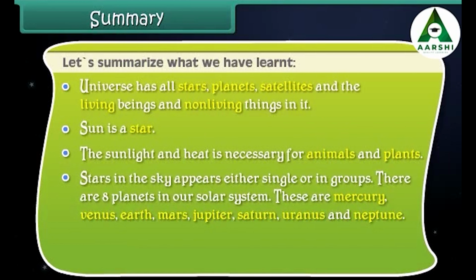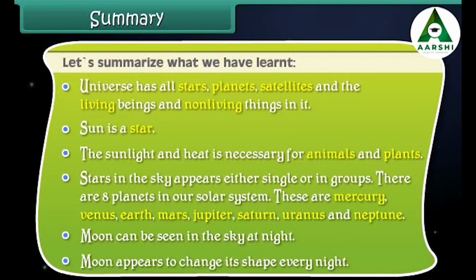There are 8 planets in our solar system. These are Mercury, Venus, Earth, Mars, Jupiter, Saturn, Uranus, and Neptune. Moon can be seen in the sky at night. Moon appears to change its shape every night.